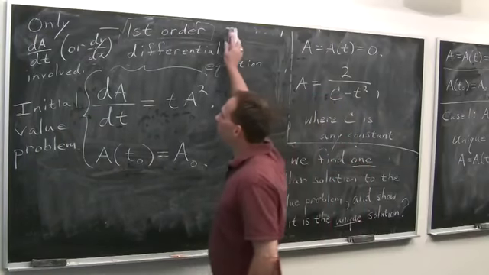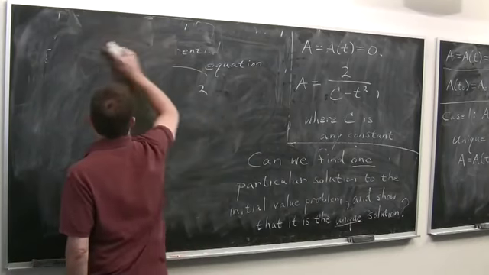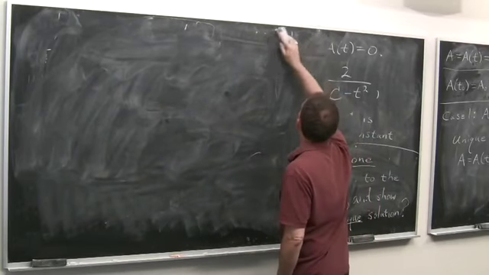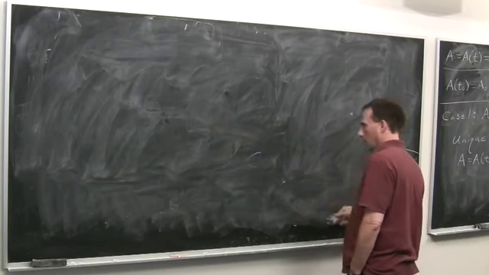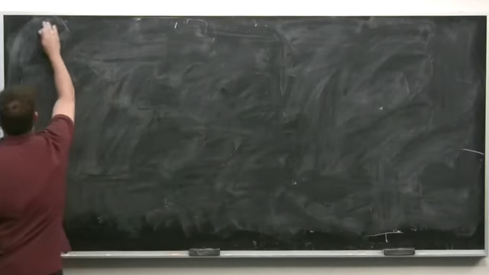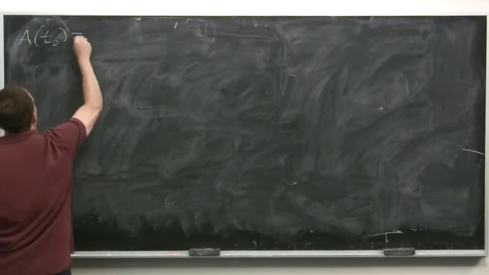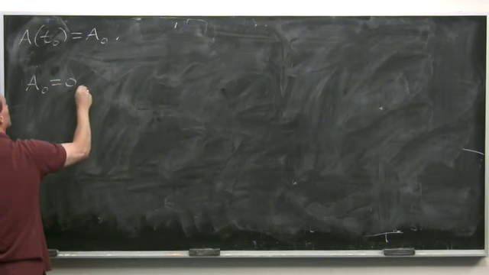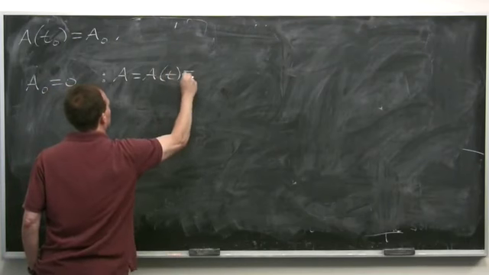Before we leave this problem, I want to look at one more thing. What we just found is that there were two cases. If A0 is 0, the solution was A is the constant function 0.